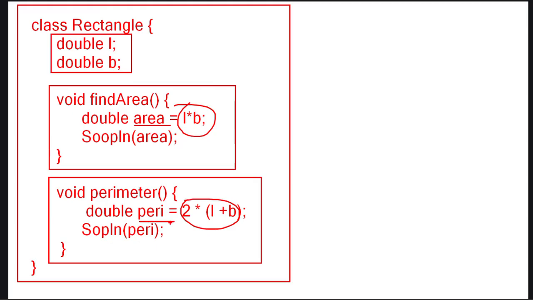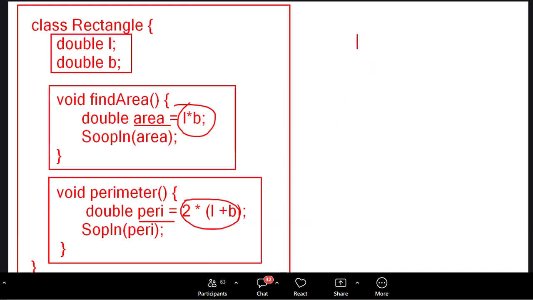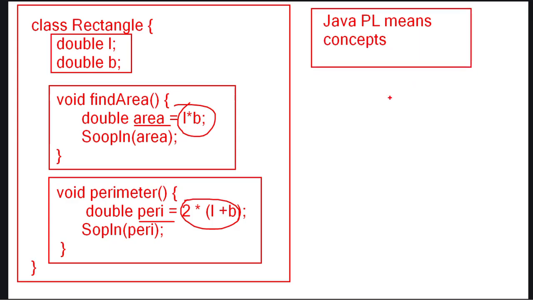So this free flow, fingers free flow, you should get not by heart-learning the concept, but by having what? Common sense. Once you have common sense, your fingers automatically type. So what you should remember, Java programming language means not formulas. Java programming language means concepts. If you remember concepts, automatically you can write a program.